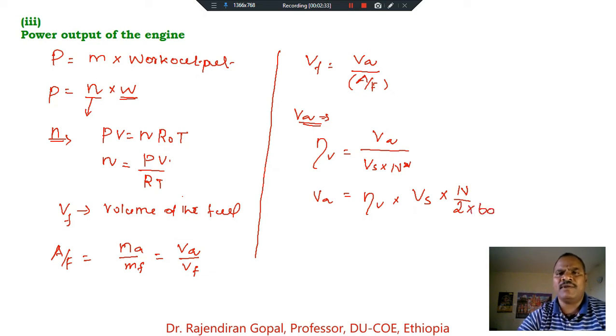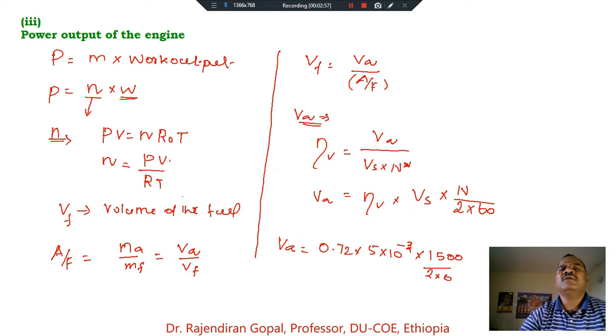To convert RPM into revolutions per second, divide by 60. So for the volume of air, the volumetric efficiency is given as 0.72, then 5 into 10 to the power minus 3 meter cube, then the speed of the engine is 1500 RPM, 2 into 60. So we can get volume of air is equal to 0.045 meter cube per second.